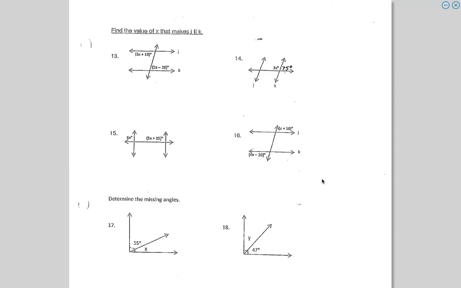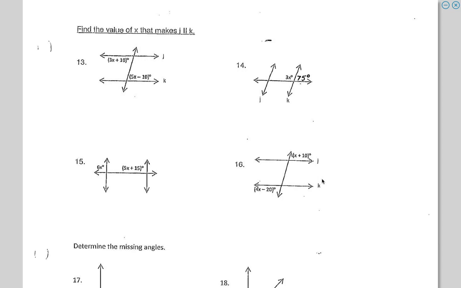So on this next page, I'm really not going to go over much of 13 through 16. It's really what we just did on the previous page. Just keep an eye out for, should they equal each other or should they add up to 180? Like I said, more times than not, they're going to equal each other. The only time that they will add up to 180 is if they're supplementary.